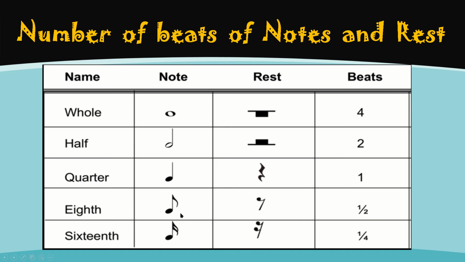On the fourth row, that is an 8th note and an 8th rest, which have 1/2 beat. And for the last row, we have here a 16th note and 16th rest, which have 1/4 beat each.